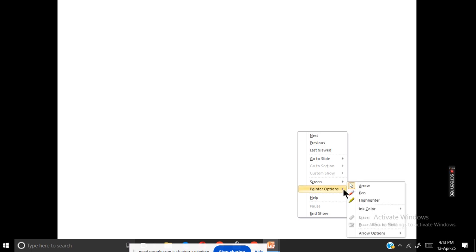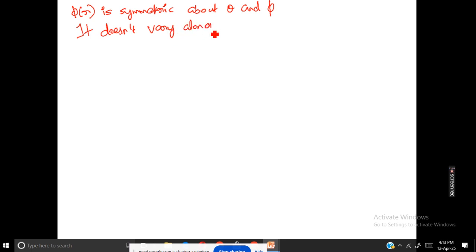The potential phi of r is symmetric about theta and phi, because it doesn't vary along the theta and phi directions.